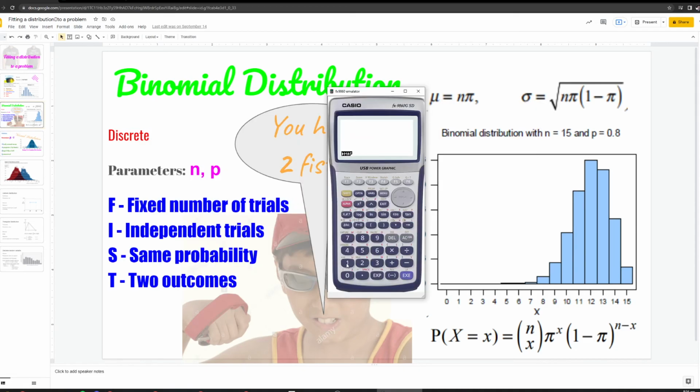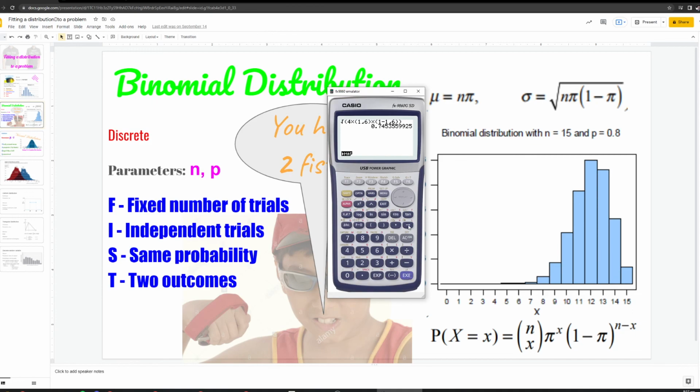For our one, our standard deviation is going to be square root, then open a bracket. n was 4 dice times the probability, which I'm going to put in brackets just to be safe, 1 over 6, times 1 minus that probability, or 1 over 6, and then we close that bracket and close our big square root bracket that we started here.